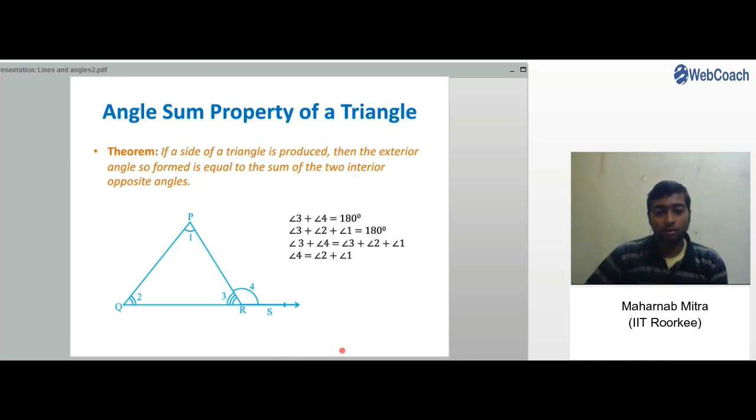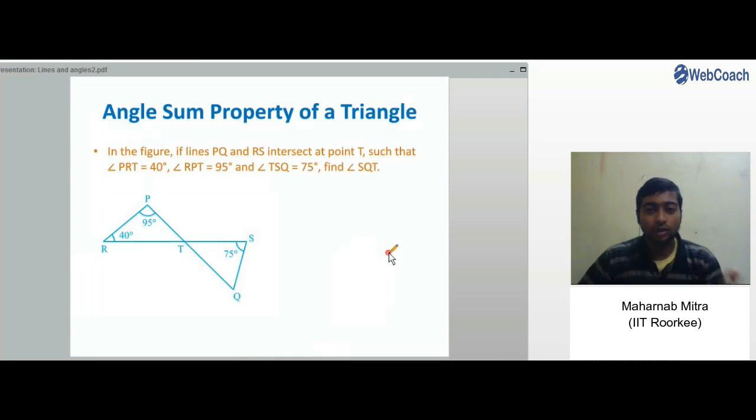Right? So let's move on and try to apply these theorems and the theorems we had learnt in the earlier classes to some questions. And here is one question. In the given figure, the lines PQ and RS intersect at point T such that angle PRT equals 40 degrees and angle RPT equals 95 degrees and angle TSQ is 75 degrees.